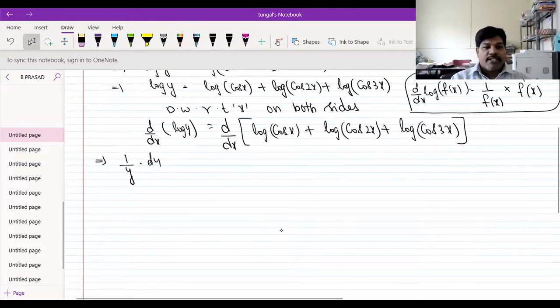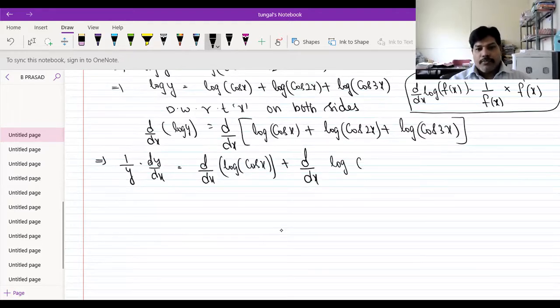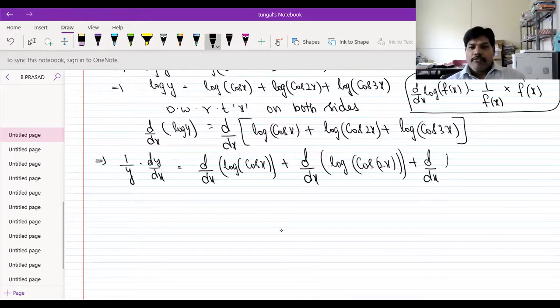into dy by dx. 1 by y into dy by dx is equal to the derivative of log of cos x plus the derivative of log of cos 2x plus the derivative of log of cos 3x.